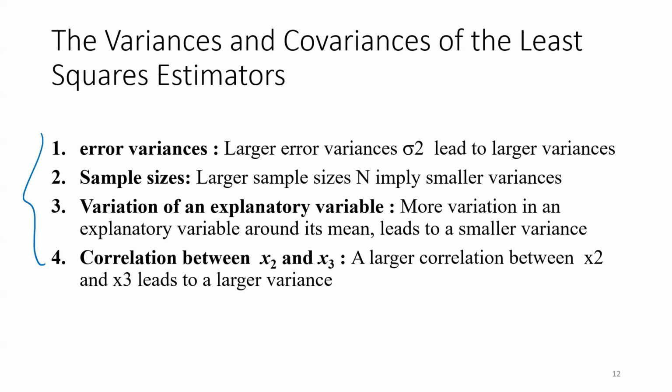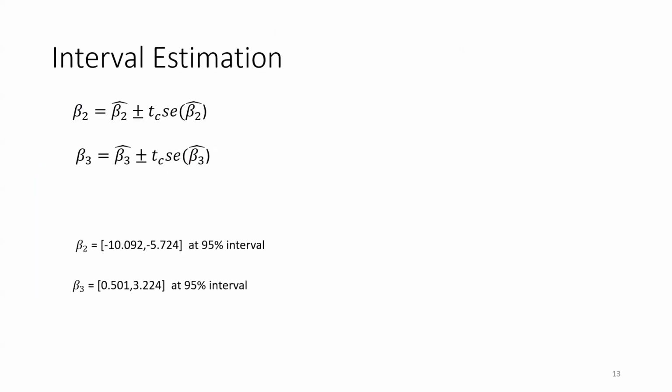Next is interval estimation. Luckily, it is the same as the simple case. To find the interval estimation, you have to see the critical value of t, and then you use beta hat and standard error.